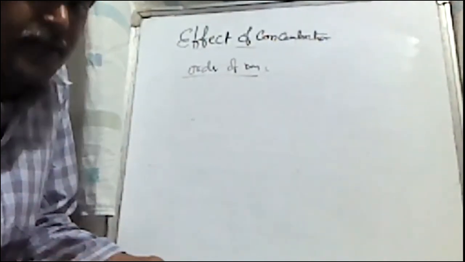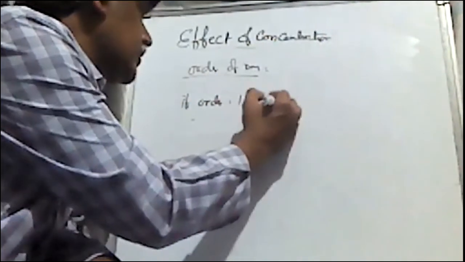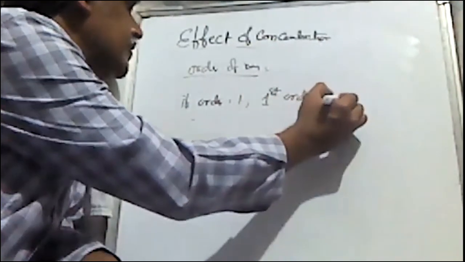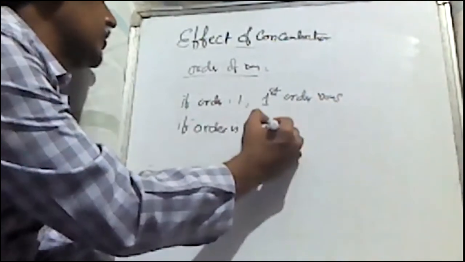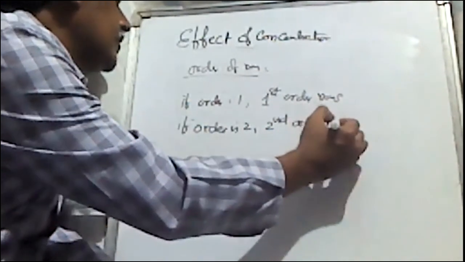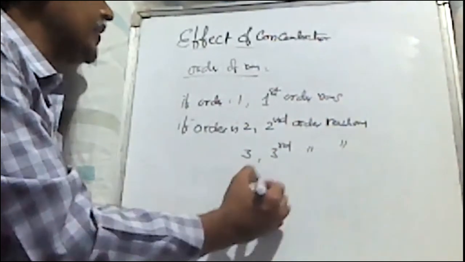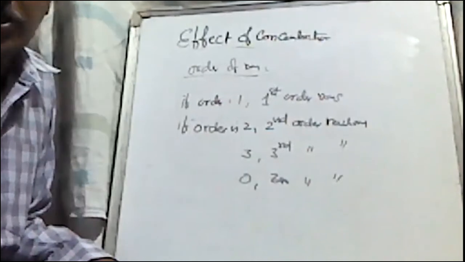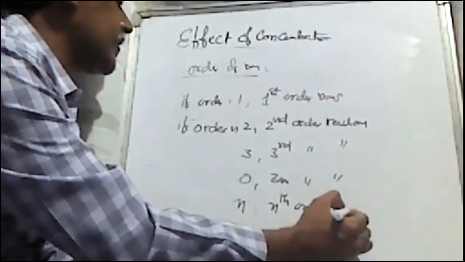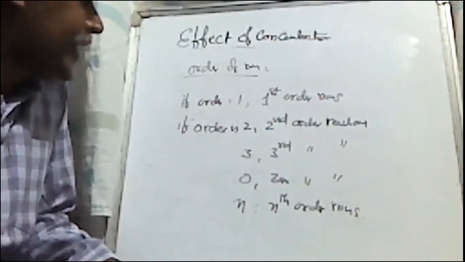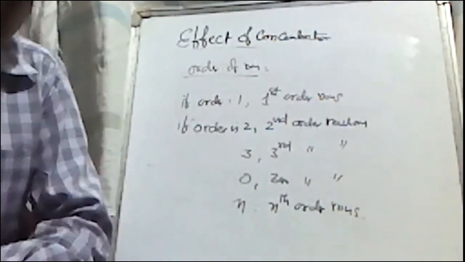If order is 1, those reactions are called first order reactions.